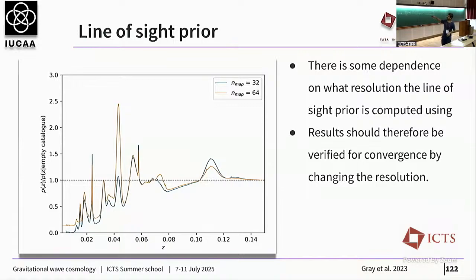But then there are these wiggles and bumps, and they are due to the large scale structure. There will be some galaxies present here, maybe a galaxy group here, another galaxy here, and so on, and that gives you the ups and downs in this line of sight redshift prior.